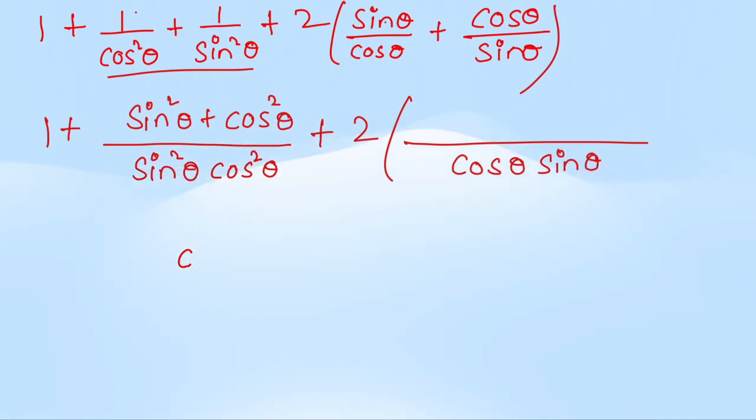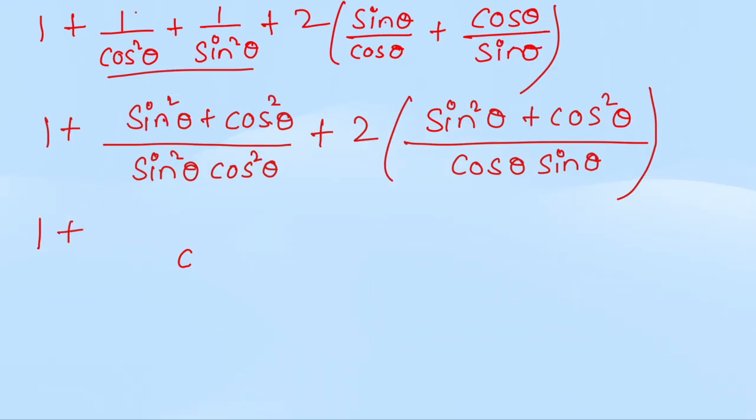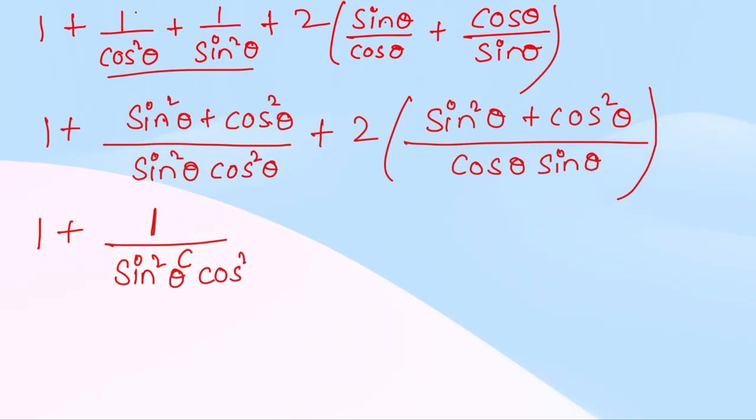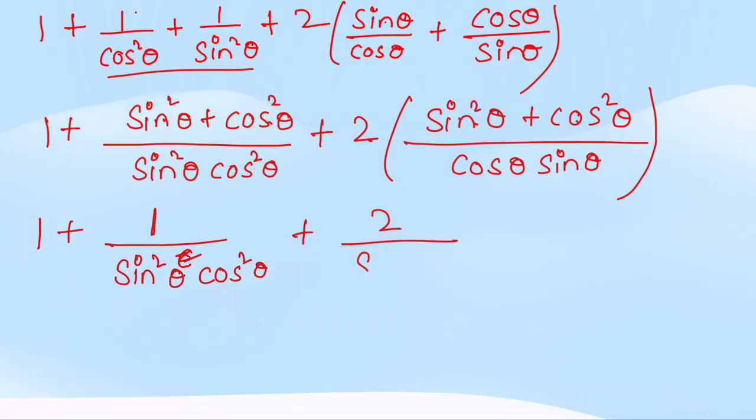It will become sine square theta plus cos square theta. Okay, 1 will remain the same. Sine square theta cos square theta will make 1. So 1 by sine square theta cos square theta. Okay, this will be 2 into 1, so 2 by sine theta cos theta.